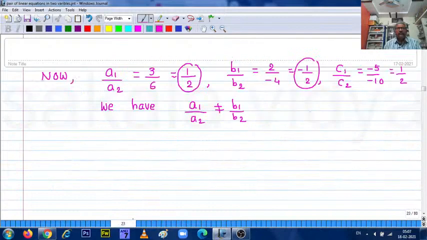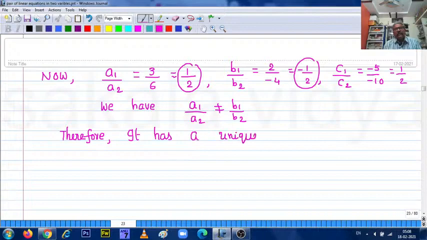Now we need to write, therefore, it has a unique solution. Unique means one and only one solution.